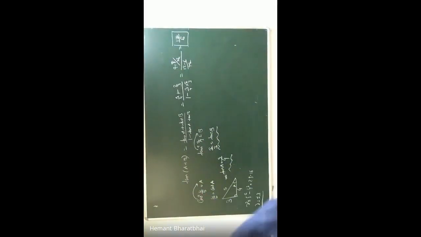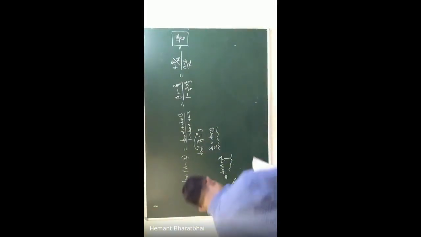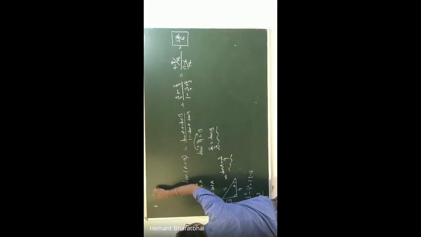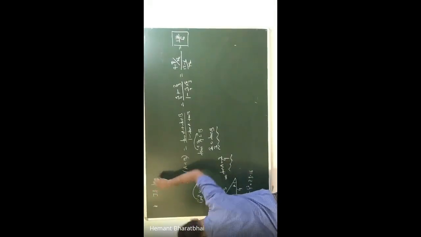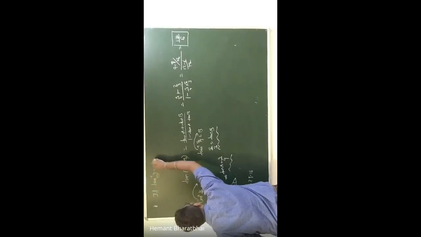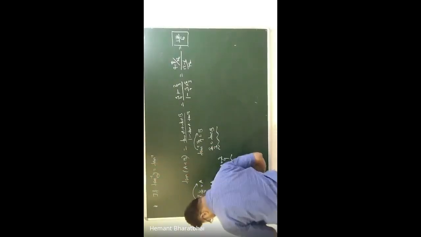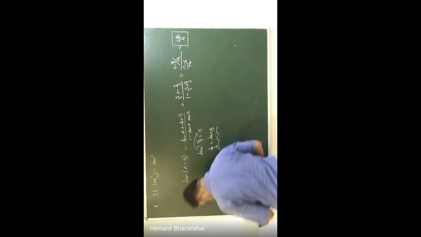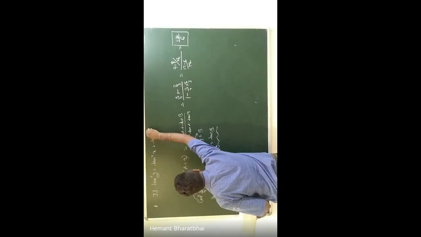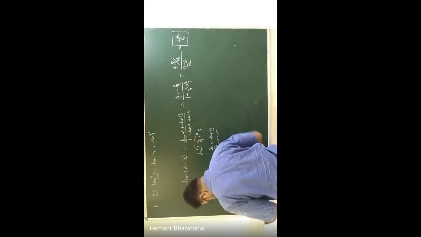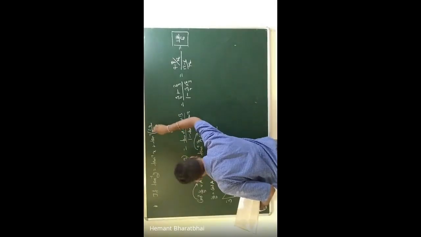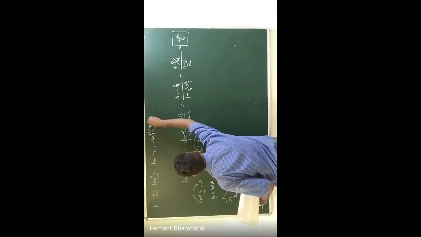The next numerical has come in the year 2003. Tan inverse of y is equal to tan inverse of x plus tan inverse of 2x upon 1 minus x square.